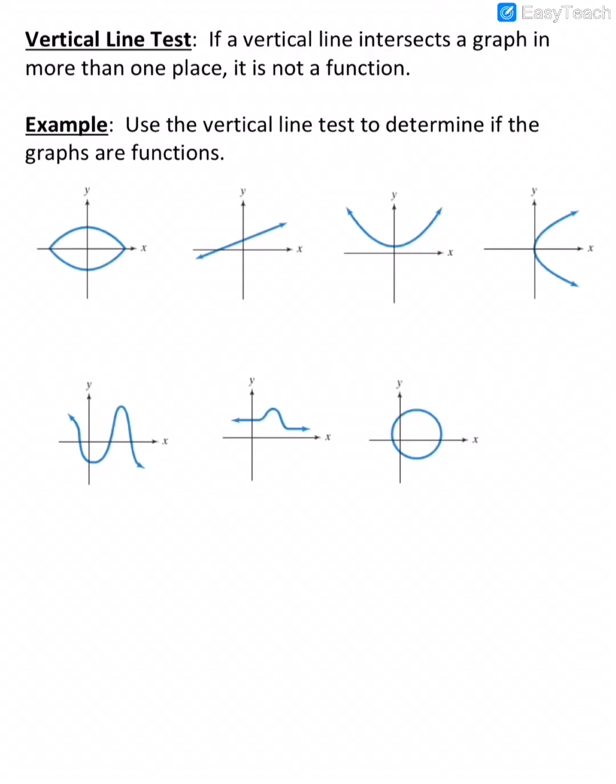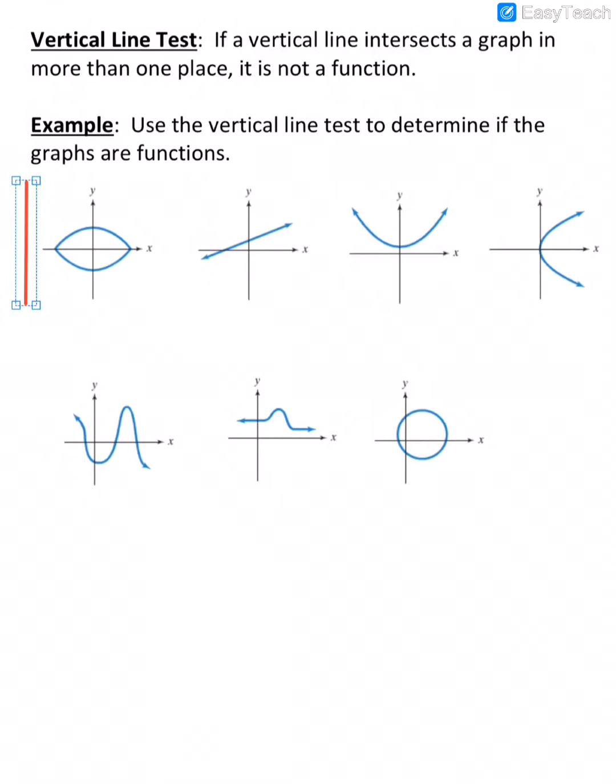Well, a vertical line is just a line that goes straight up and down, and if we pass it across the graph, we can tell whether or not it's a function by how many times it touches our vertical line. If the graph touches our vertical line more than once at a time, then it's not a function. But if it only touches it in one point at a time, then it is a function.